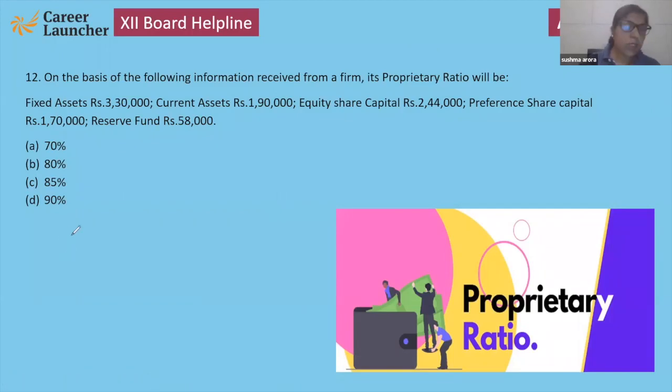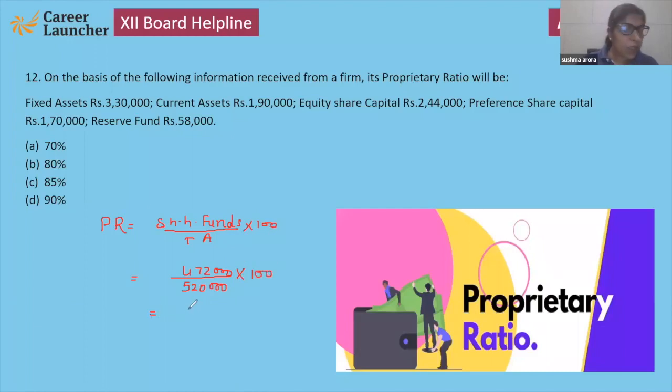Same as I told you just now: proprietary ratio is equal to shareholders fund upon total asset. Here the total asset is 5,20,000, fixed asset plus current asset, and shareholders fund means ES plus PS plus reserves and surplus. So shareholders fund will be 4,72,000 here. Now it is in percentage, that's why we have to multiply it by 100.